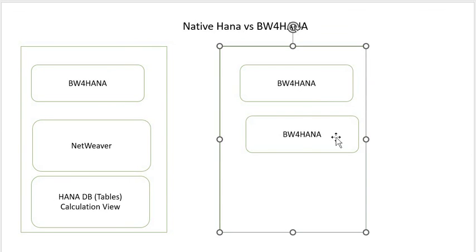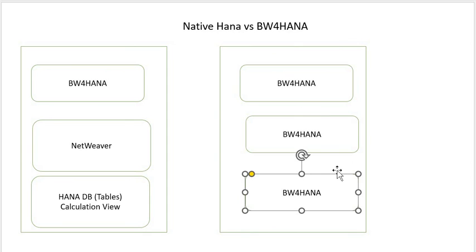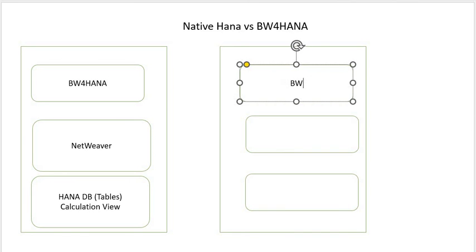So this is my BW frontend and the HANA frontend. Now this one is the HANA Studio. Just let me write it. You'll get to know what this is. So this is my modeler.